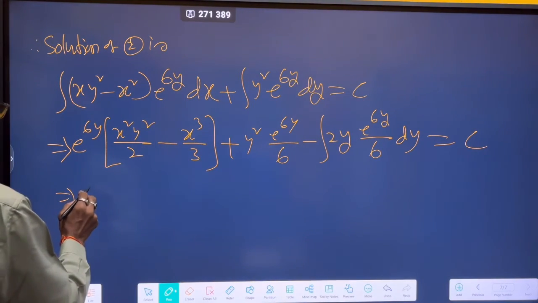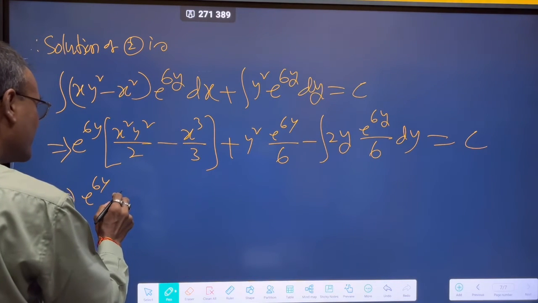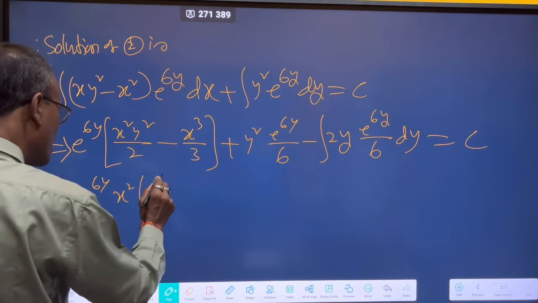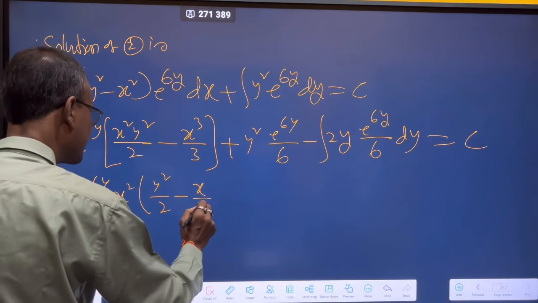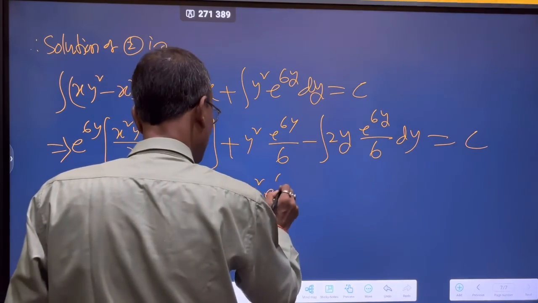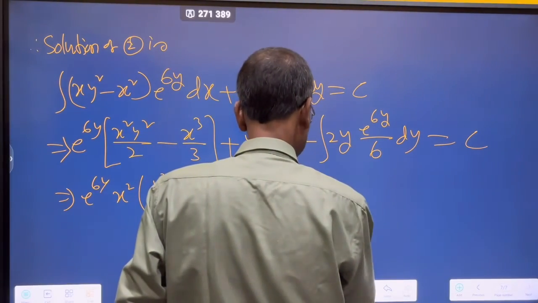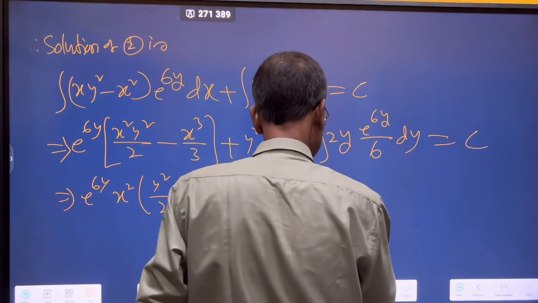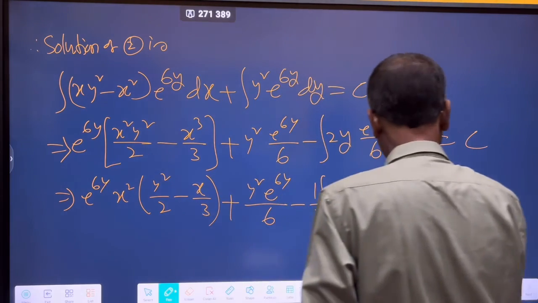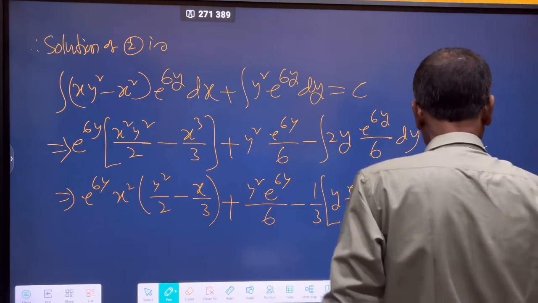Or e^(6y), with x² common, (y²/2 − x/3) plus y² e^(6y)/6 minus 1/3 of y e^(6y)/6 minus the integral of e^(6y)/6 dy, equal to constant.